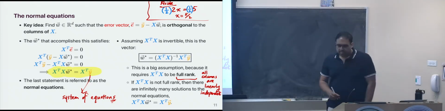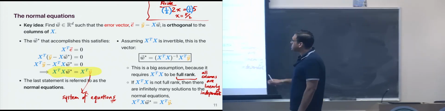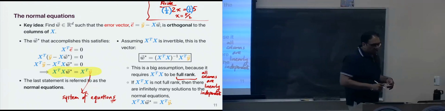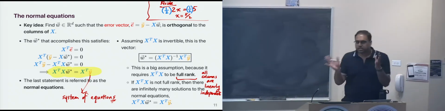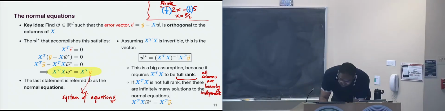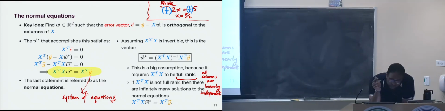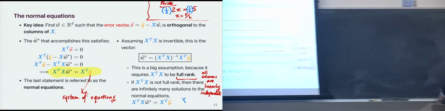Okay? And it requires x transpose x to be full rank. It's not the kind of thing that we're going to prove here, but it's true, and it's maybe something that you learned in Math 18, maybe not, that an equivalent condition to x transpose x being full rank is that x is full rank.